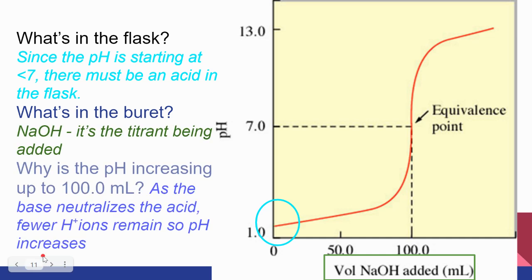And the pH is increasing because as we add base and it neutralizes the acid, there are fewer hydrogen ions that remain, so the pH slowly creeps up. Notice, though, that here on this vertical rise, the difference between maybe this pH and this pH is maybe 1 or 2 drops max. So that's a very small volume that causes that big pH change.